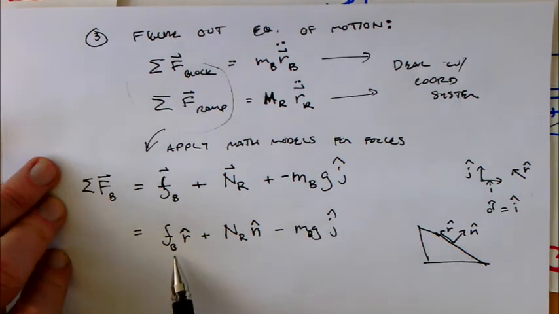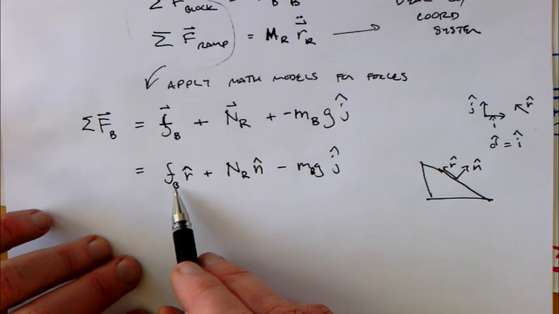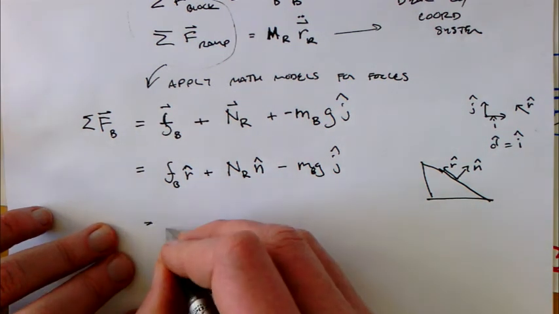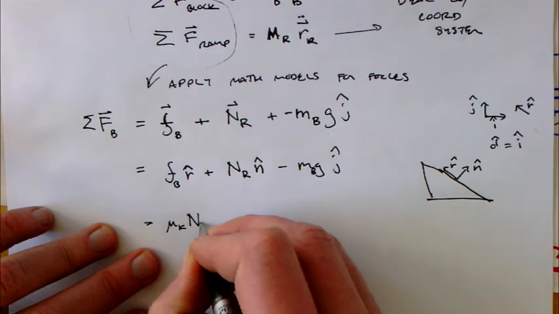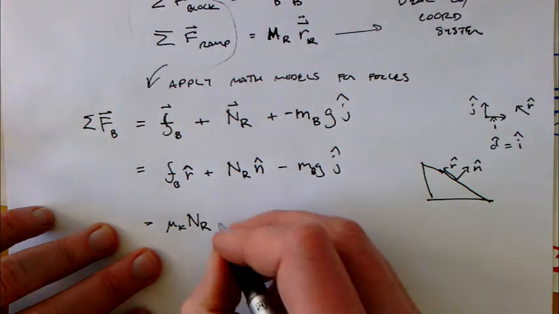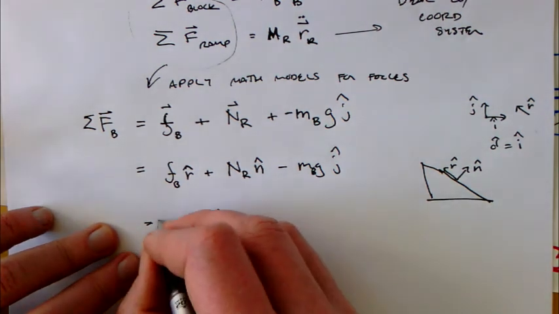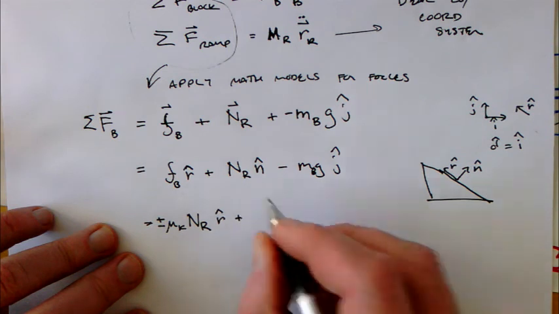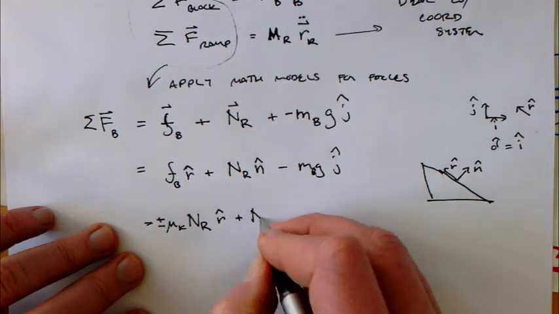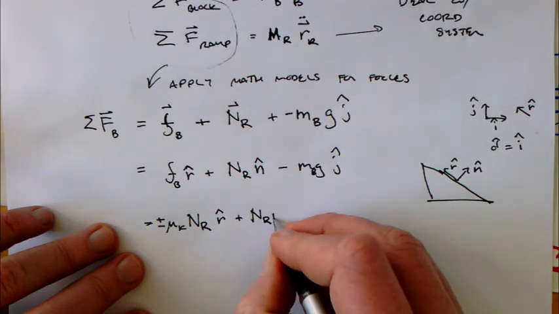If the block is moving, I could go one step further and say, okay, my frictional force here is mu sub k times n sub r times r hat, and I need to think about what the sign of that would be. It would actually depend on what direction the block was moving. My normal force remains a constraint force. I don't know what it is yet.